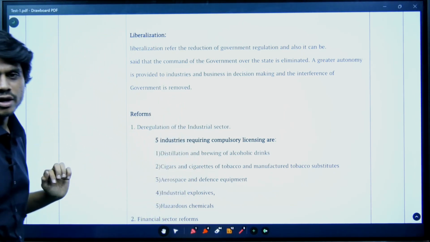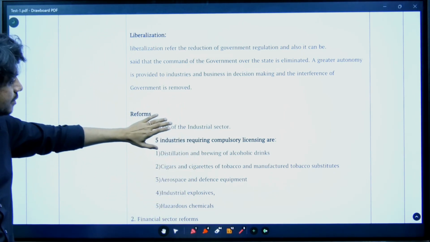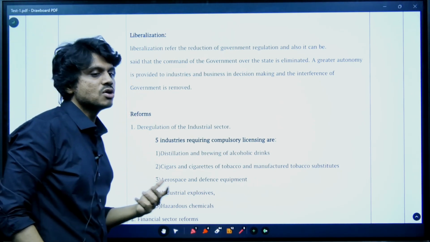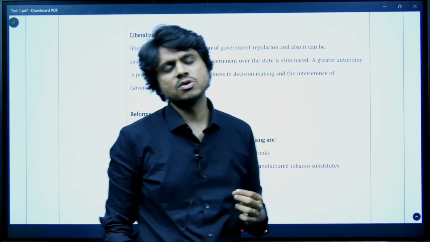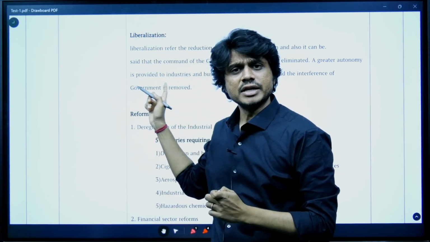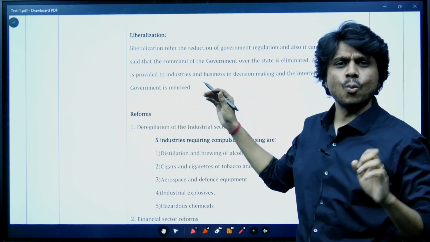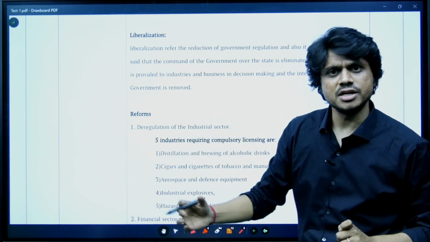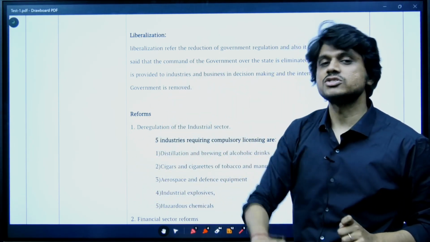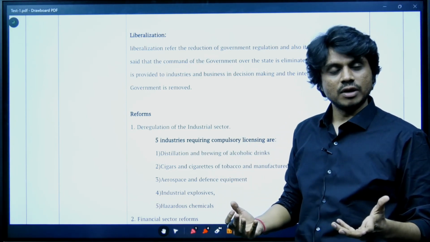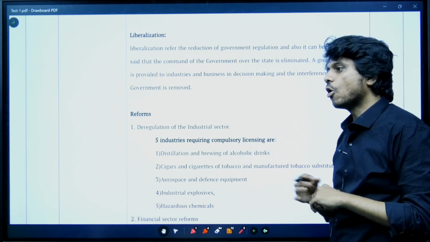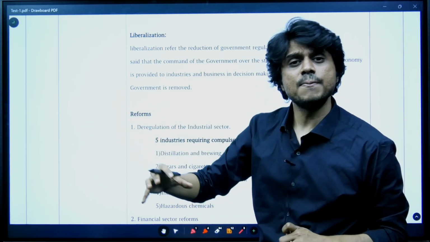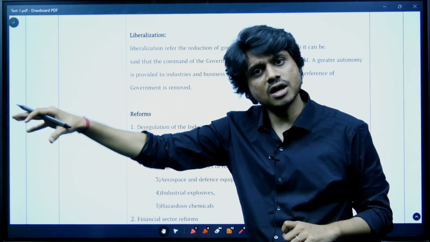I will also discuss the previous scenario with you. In the previous scenario we had the 1956 industrial policy. Till the 1991 new economic policy was introduced, most of the Indian industrial sector was driven by the 1956 industrial policy. The government had divided the industries into different schedules, and primarily they were controlled by the government.